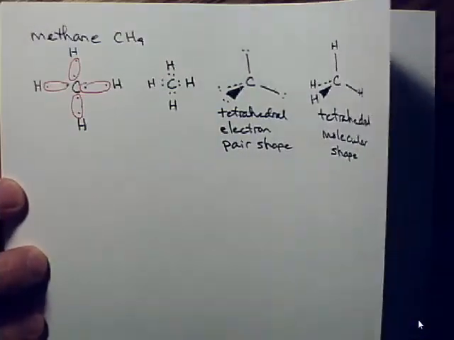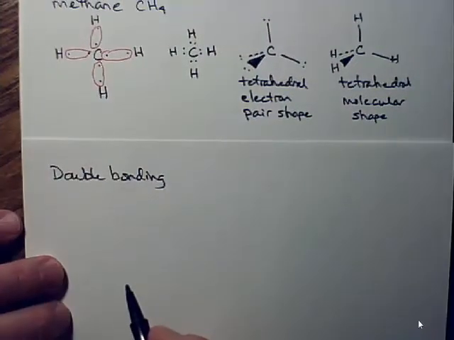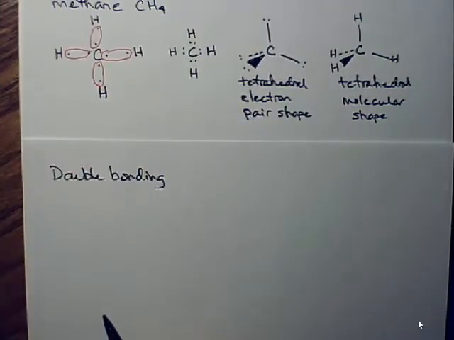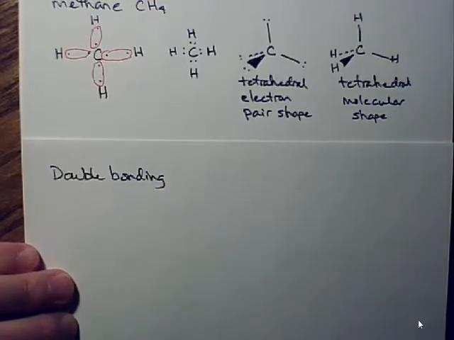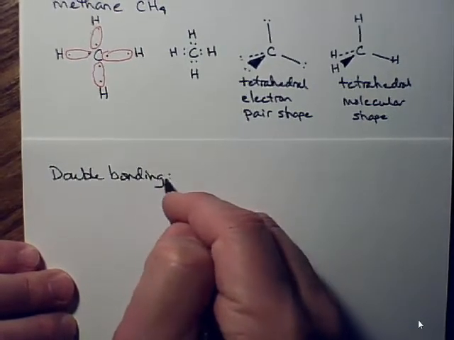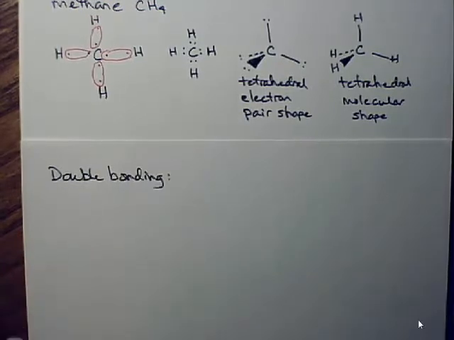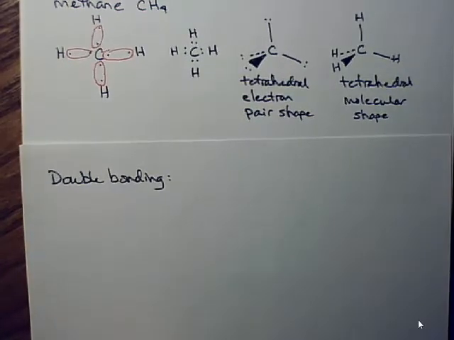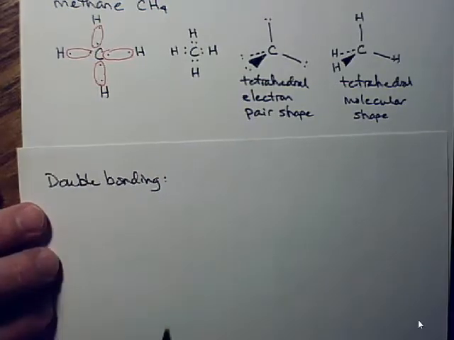What I want to do from this now is to move into something that's called double bonding. So far, the kind of bonds we've been showing are all single bonds. Okay? And just in terms of the terminology we're going to introduce here, single bonds are sigma bonds. All single bonds are sigma bonds.